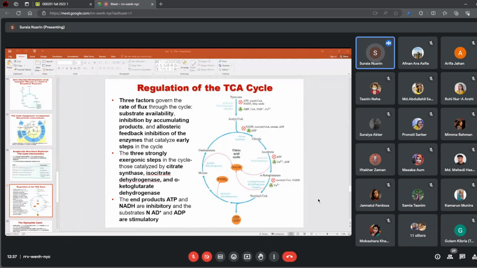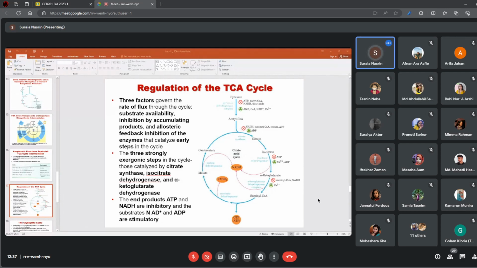ATP and NADH, are they substrate or product? Product means substrate, pyruvate, acetyl CoA means. Yes, acetyl CoA as well as NAD plus and ADP or GDP. They are the substrate, because the ultimate products are the ATP and NADH.